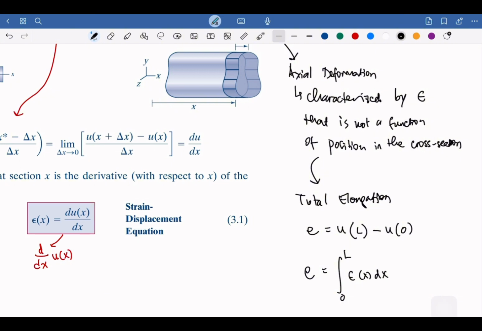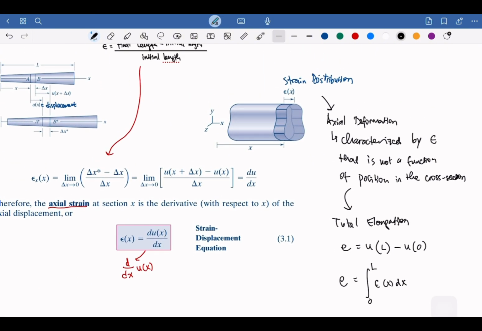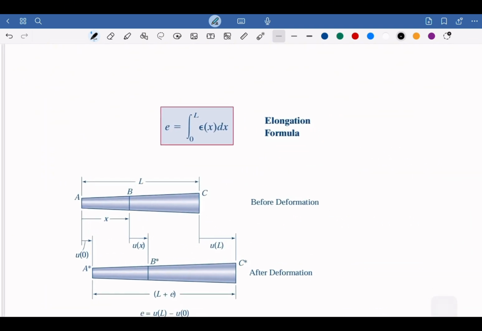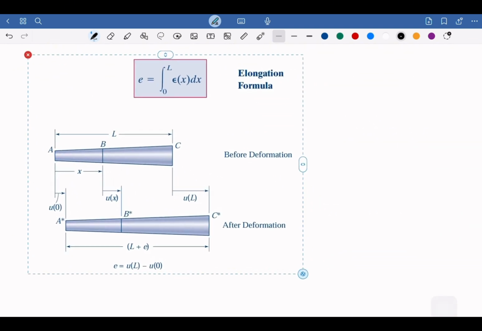To simplify what this is about, let's see here. We have the before and after deformations.